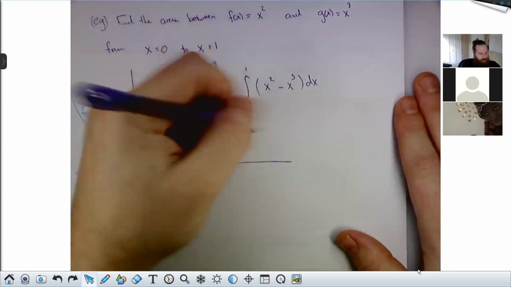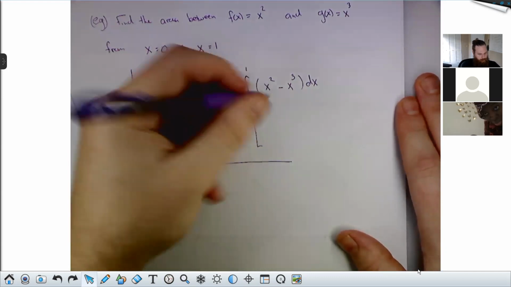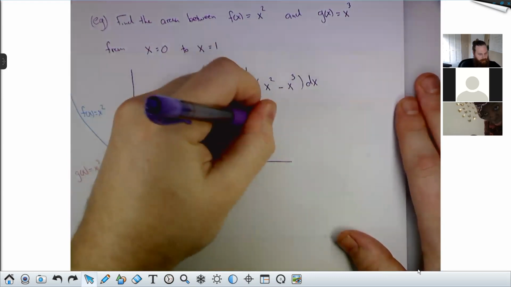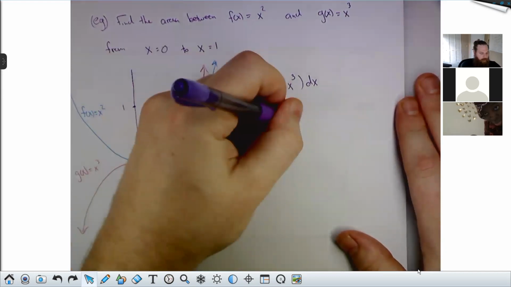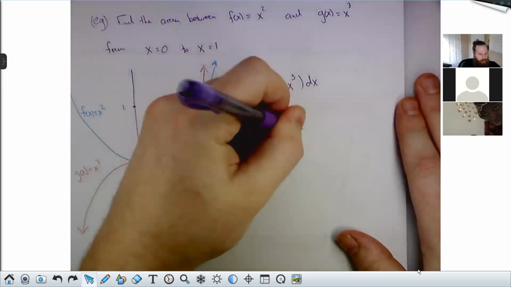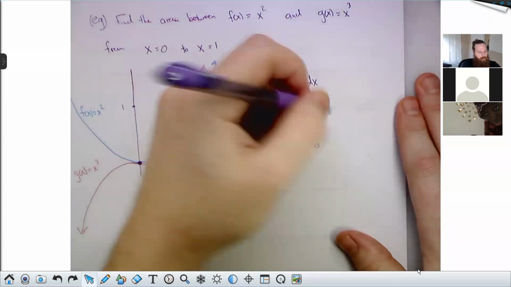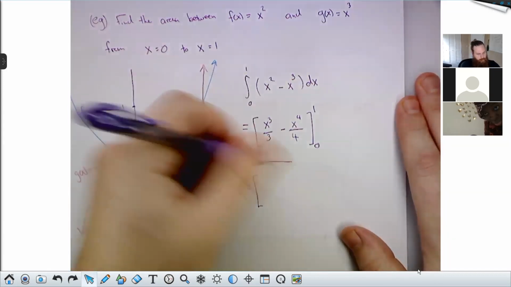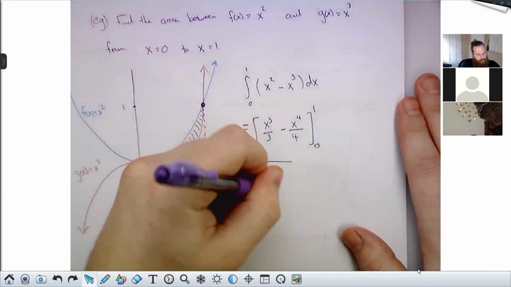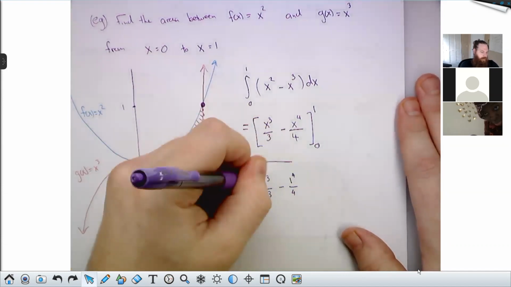This is not a tricky integral. You find your antiderivative using the power rule. An antiderivative for x squared is x cubed over 3. An antiderivative for x cubed is x to the 4 over 4. And we evaluate this from 0 to 1. That would be 1 cubed over 3 minus 1 to the 4 over 4.